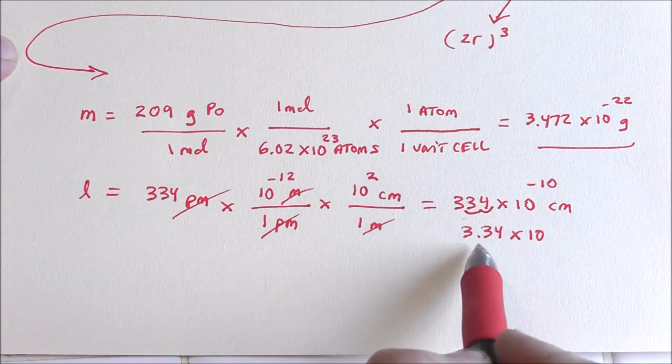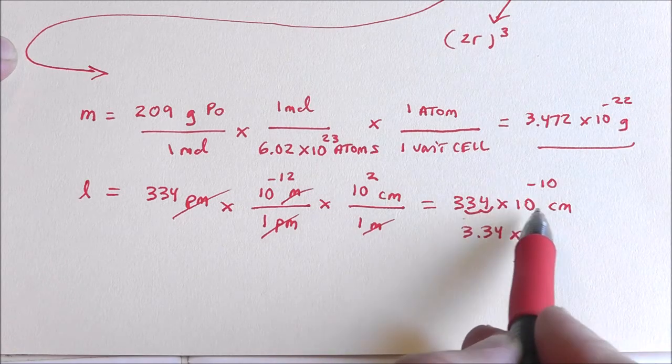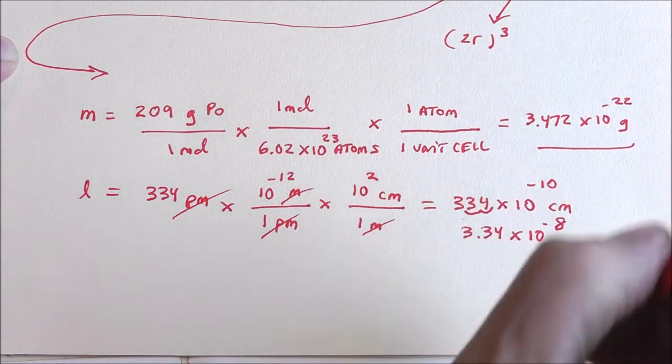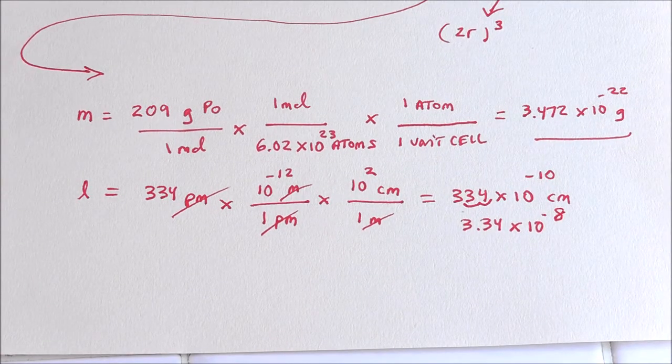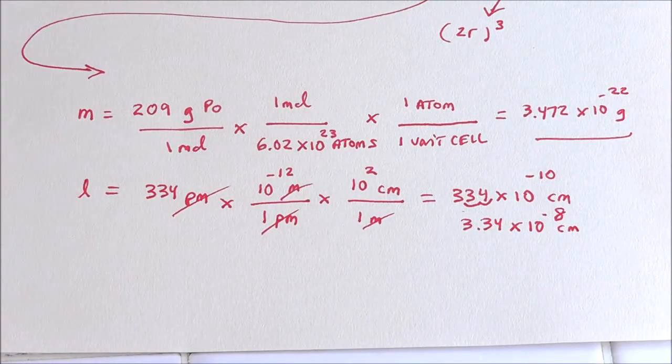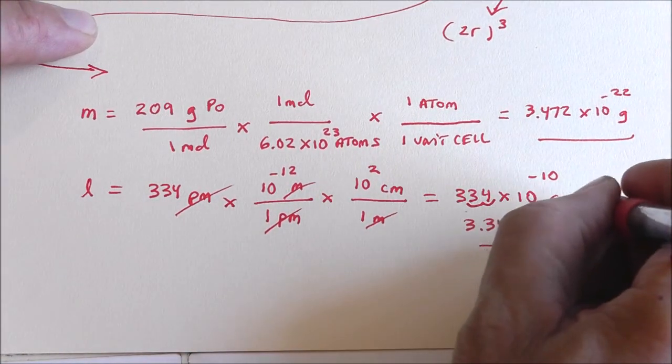I made that 100 times smaller. This needs to be 100 times larger, which is 10 to the minus 8. 10 to the minus 8 is 100 times bigger than 10 to the minus 10. So that actually right there, folks, that's V.